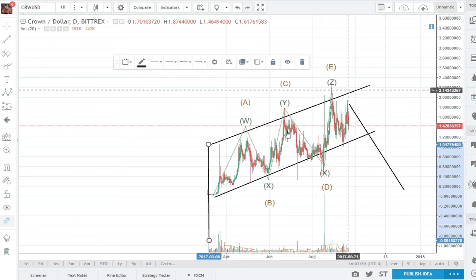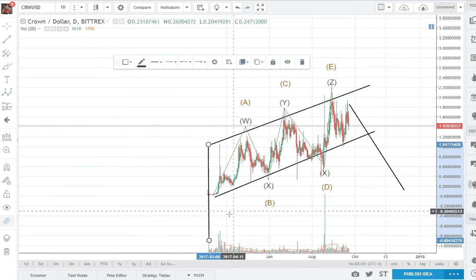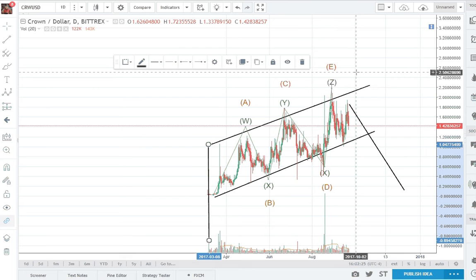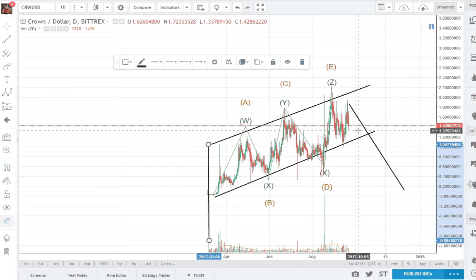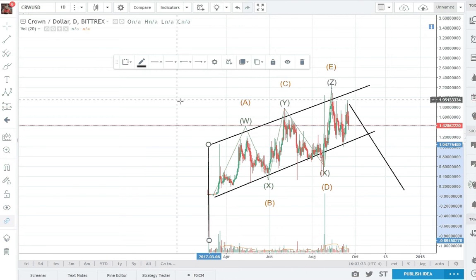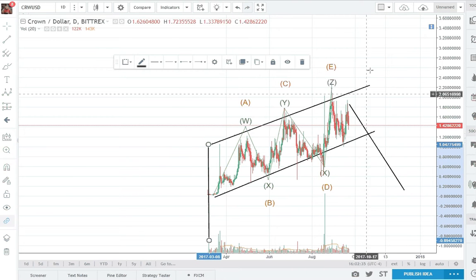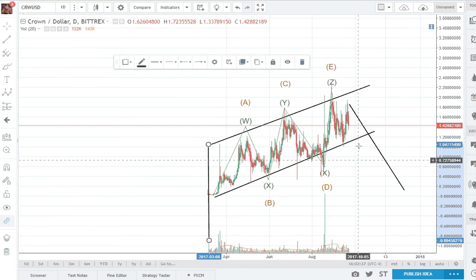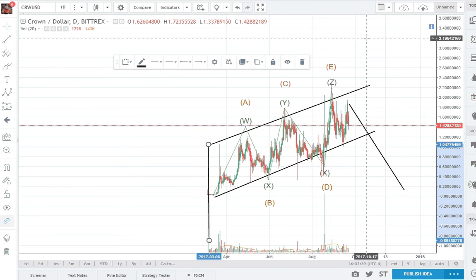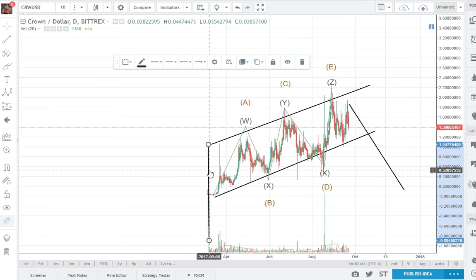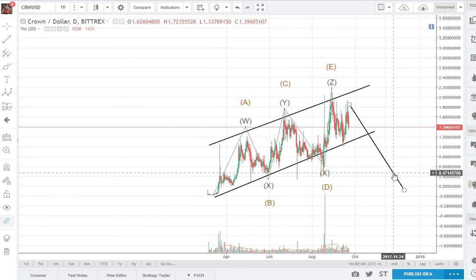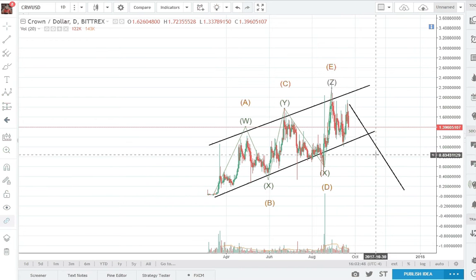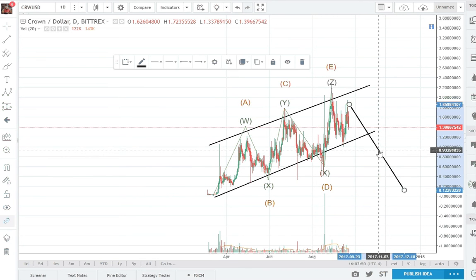If you have a flag channeling pattern or a symmetrical triangle that's pointing upwards, usually it has a bearish notion to it. And this flag is pointing upwards. If it was pointing downwards, going A, B, C, D, E, the primary indication would be that after the E is done, it'll go up. But this is not that case. Primary indication of A, B, C, D, E, prices will continue.